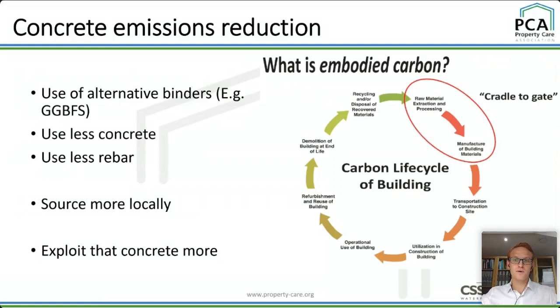So the embodied carbon in digging the hole is reduced. The embodied carbon in your use of raw materials is reduced. And that is a responsible thing to be doing. And as a professional, we need to be looking at that. There are additional things that you can do in terms of the shape that you form your concrete out of that can perform mechanically better, but I won't go into that really.